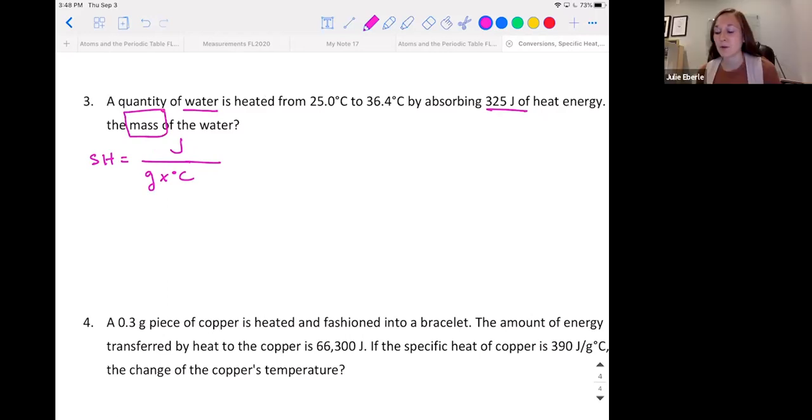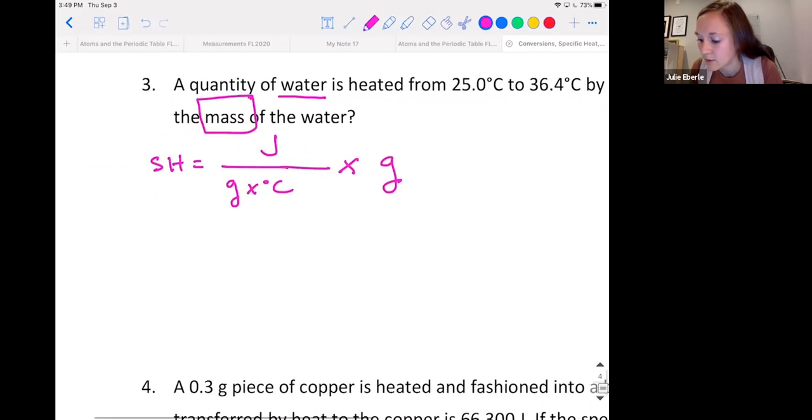Okay. So to get grams by itself, we're going to do some algebra. We're going to cross multiply. I want to get grams by itself, so I'm going to multiply both sides of the equation by grams. If I do it to one side, I have to do it to the other. Then, like always, when you have something on top and on bottom, it cancels.